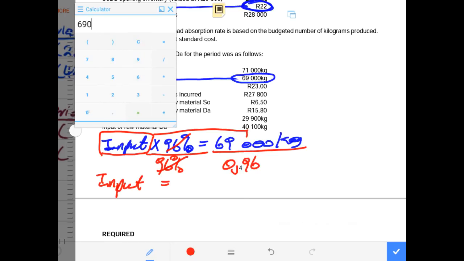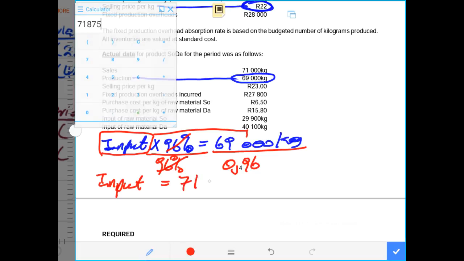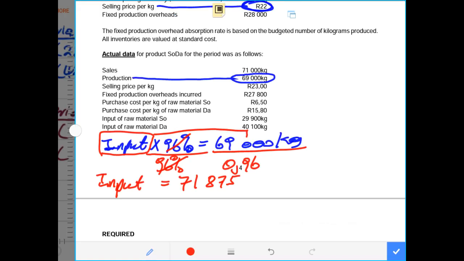This gives us a total of 71,875. So now this is input allowed for actual output.